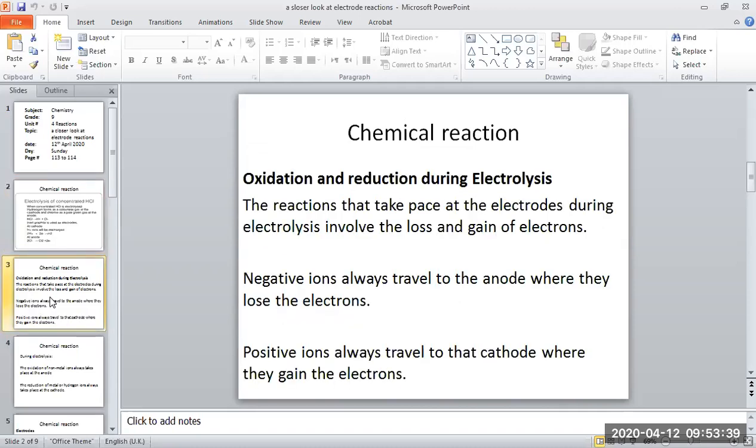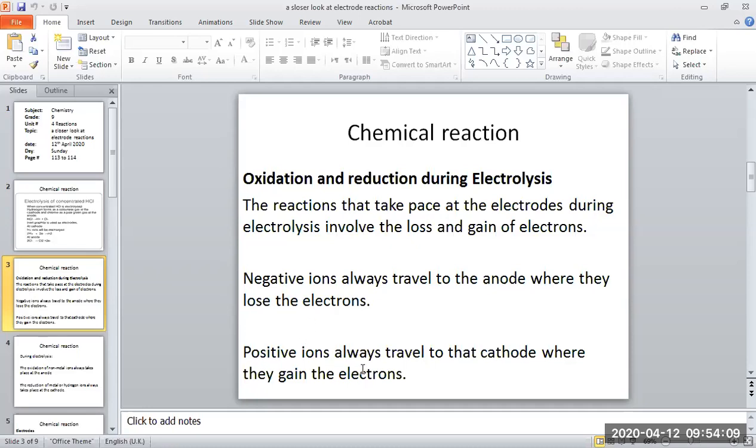Now here, oxidation and reduction during electrolysis. The reactions that take place at the electrodes during electrolysis involve the loss and gain of electrons. Negative ions always travel to the anode where they lose electrons.